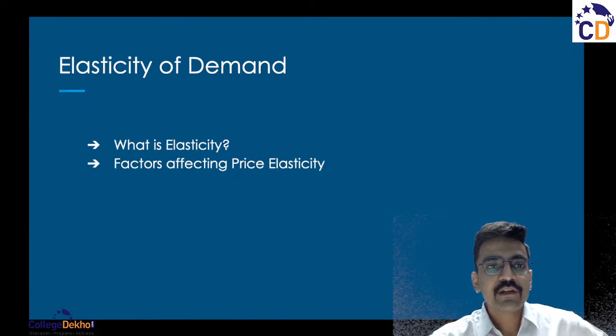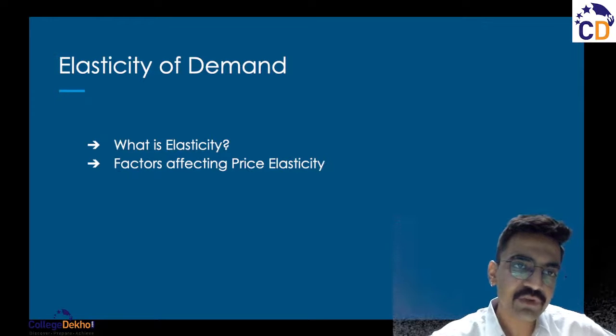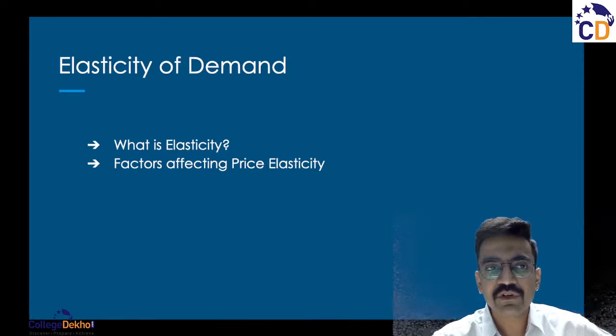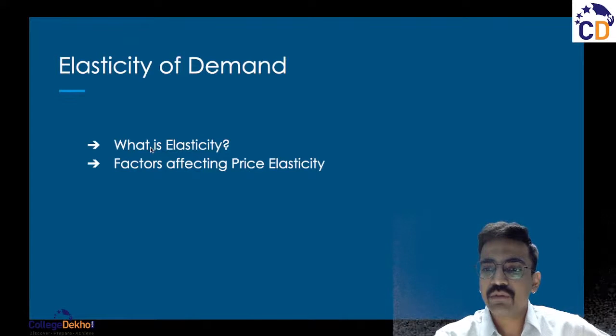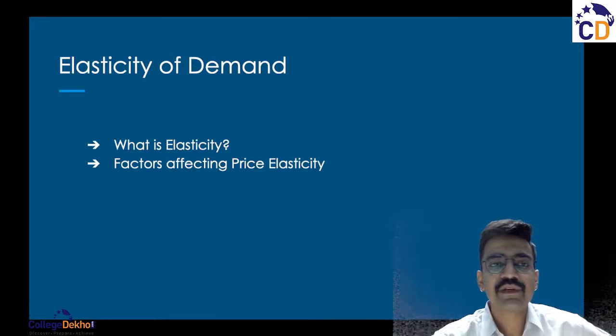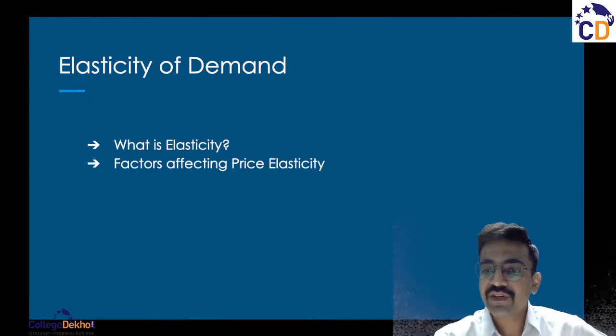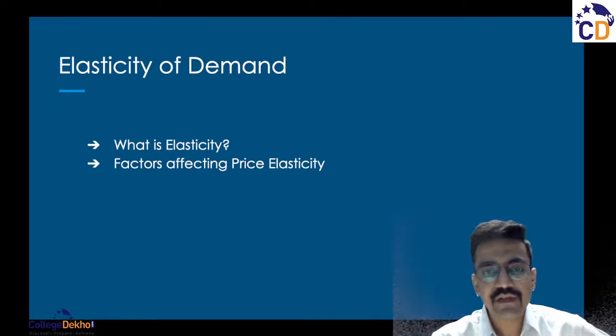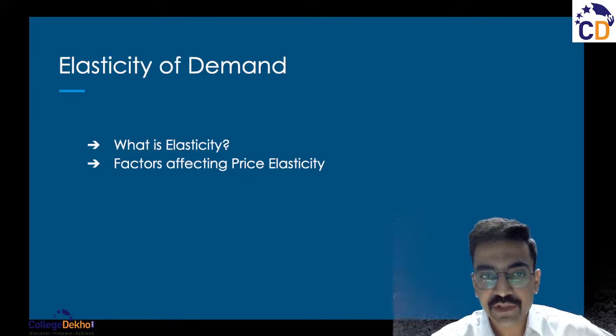All right. Now let us look at the second topic for today, which is the elasticity of demand. Right, now what does this term elasticity of demand mean? Elasticity of demand is defined as a percentage change in quantity demanded of a good to a percentage change in its price.